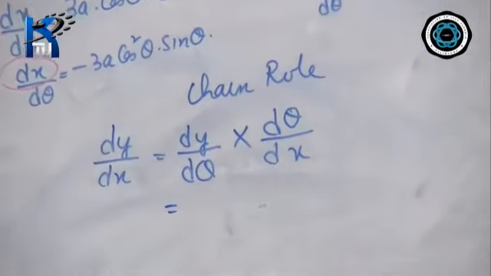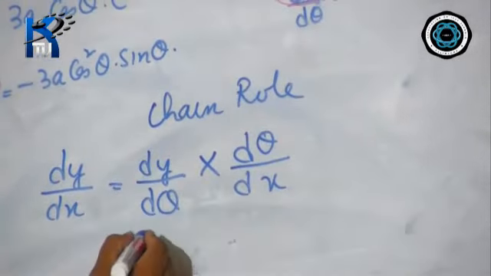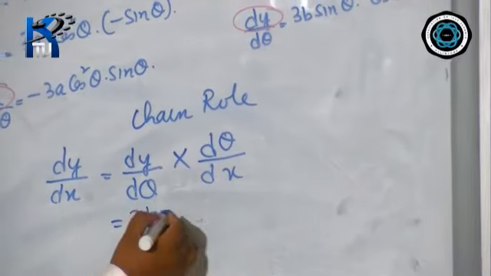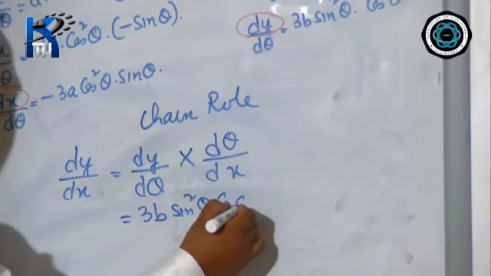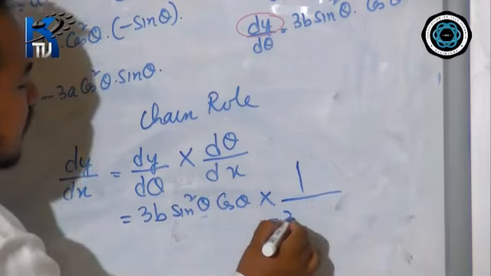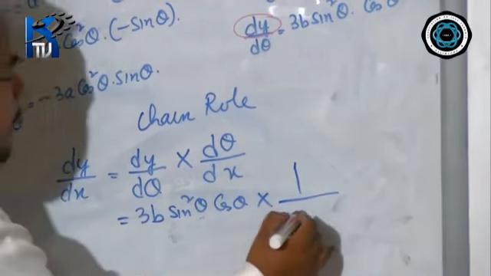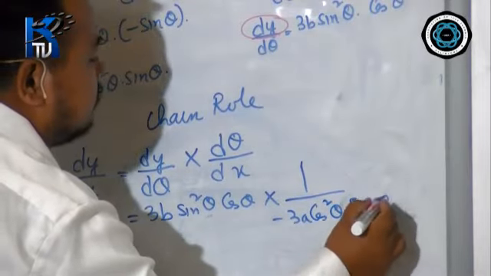Now you simply have to put in the values. What is dy by d theta? It is 3b sine square theta cos theta into d theta by dx, the reciprocal of this, so it is 1 divided by minus 3a cos square theta into sine theta.